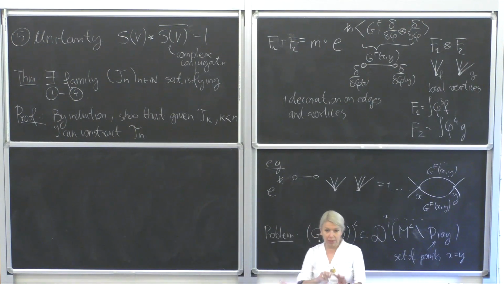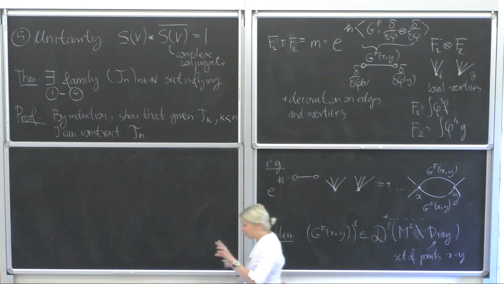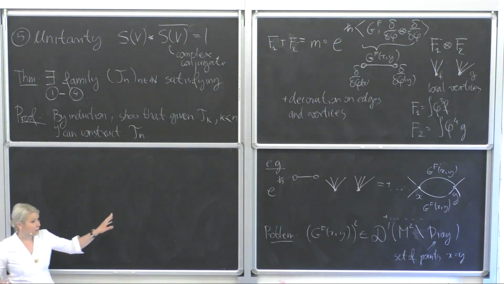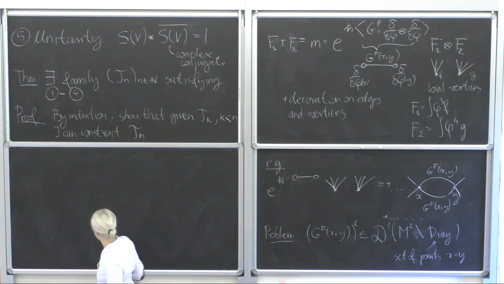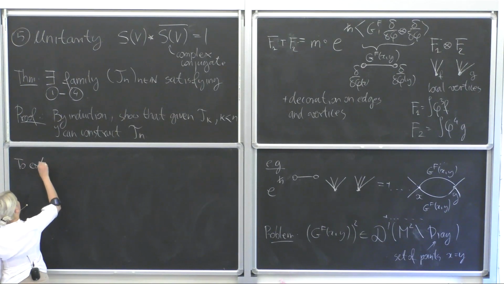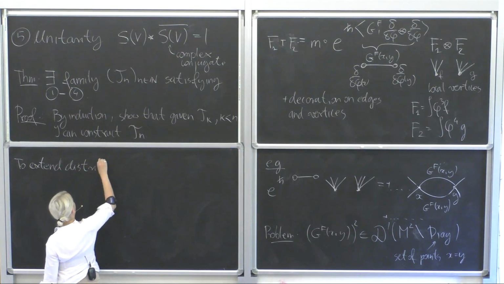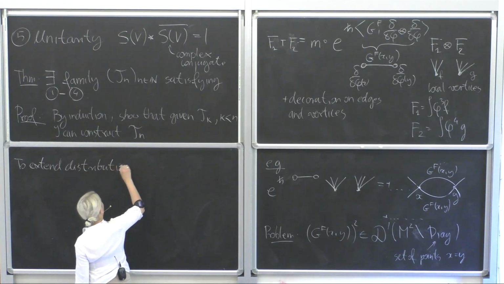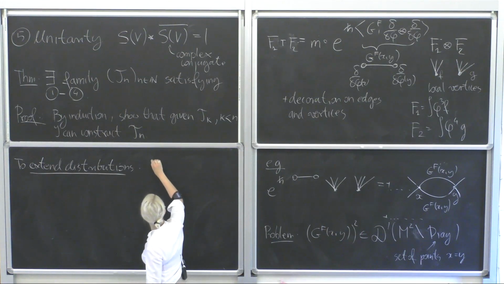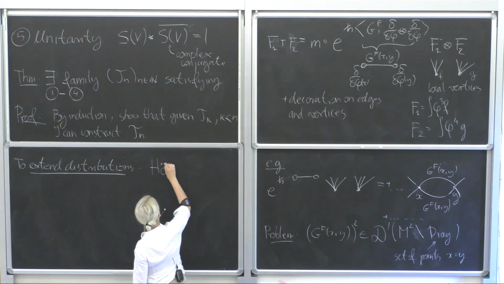This is related to another piece of mathematics, and again, this is not a course on microlocal analysis, so I'm not going to give you details, but I'm going to give you a reference. So to extend distributions, look at, there's a beautiful book in 4 volumes by Hörmander.